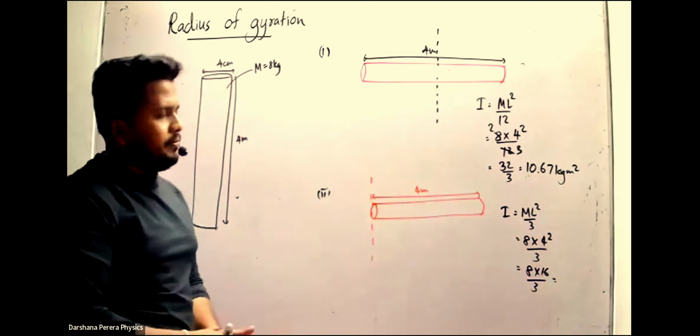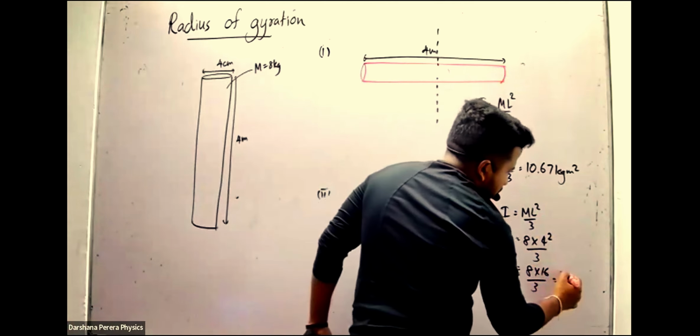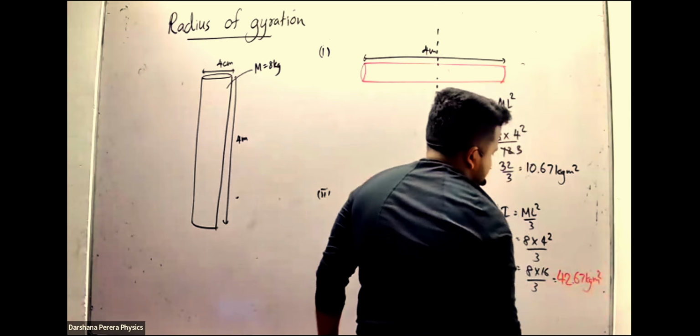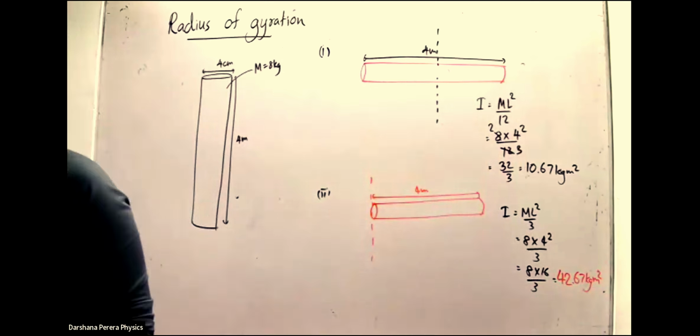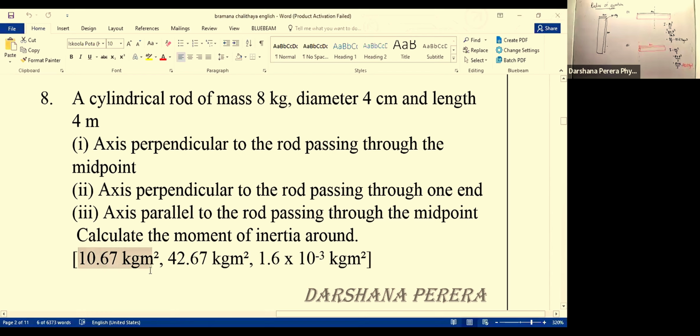Therefore, 42.67 kg m square. Okay. The answer is correct, 10.67, 42.67.